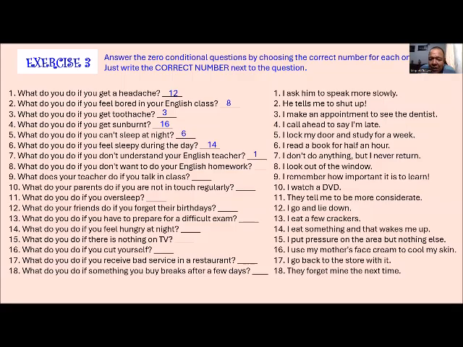Number 6 plus another 3 numbers. It's another number, but exactly. I go lie down. What do you do if you don't want to do your English homework? What could be the possible answer?